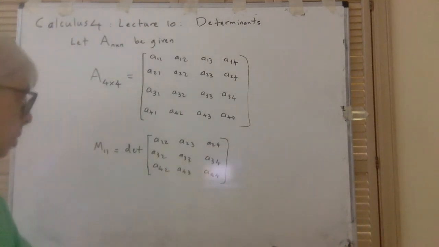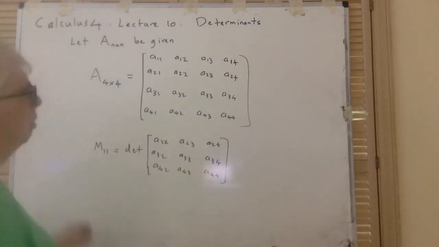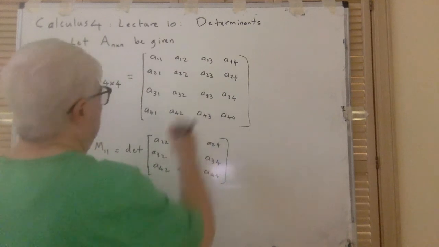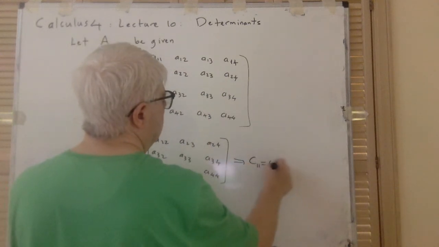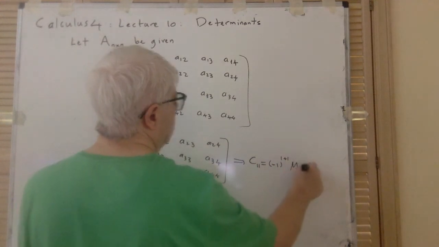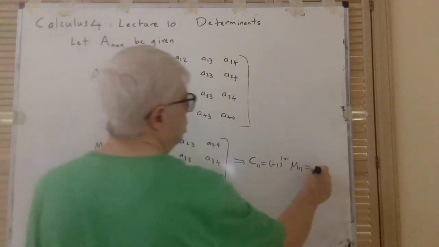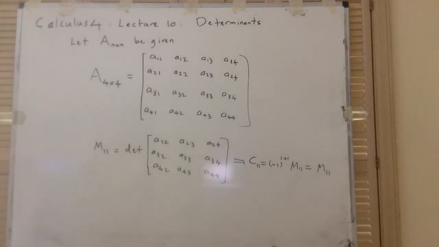Okay? So M11 is this. And C11 is negative 1 to the power 1 plus 1 times M11. This is 2, so it is equal to M11. So C11, the cofactor, is in this case equal to M11.